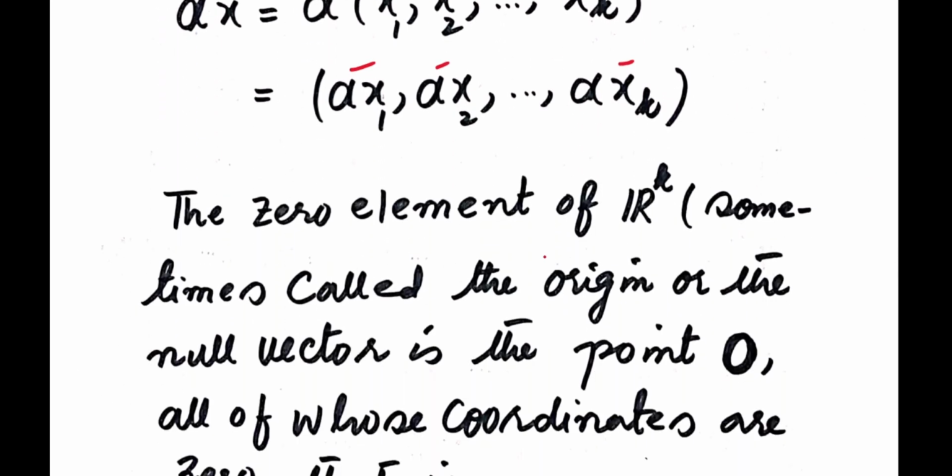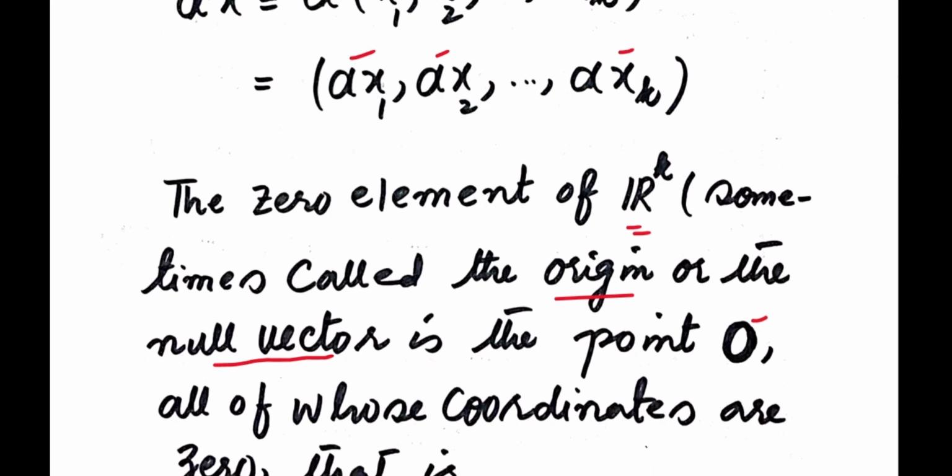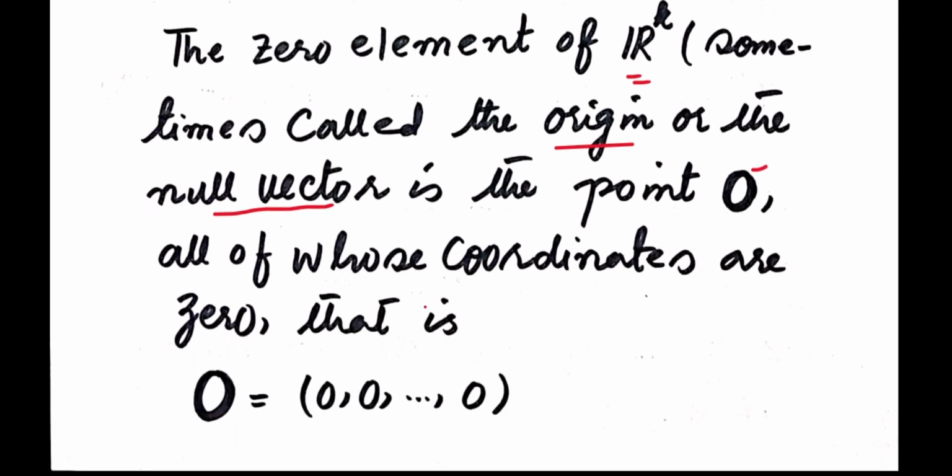The zero element of Rk, sometimes called the origin or the null vector, is denoted by the bold letter O, and this is a vector all of whose coordinates are 0. That is, the null vector is of this form.